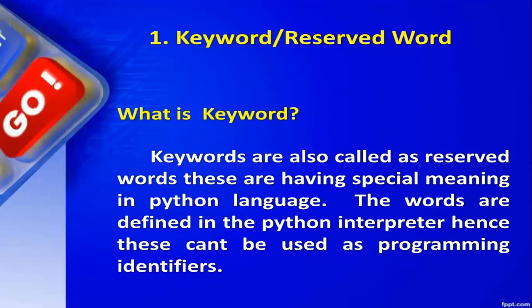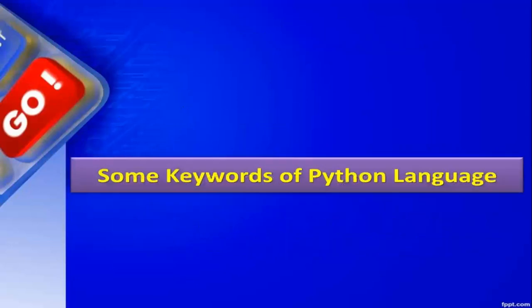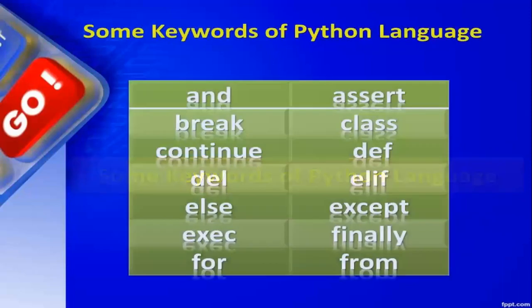Some examples of Python language keywords are these. You can never use the word and, break, continue, any of these words as an identifier. These are all keywords. I'm sure you must be seeing it and remembering the English language. Like I said, Python is a very easily readable language, so you will not find it very difficult.